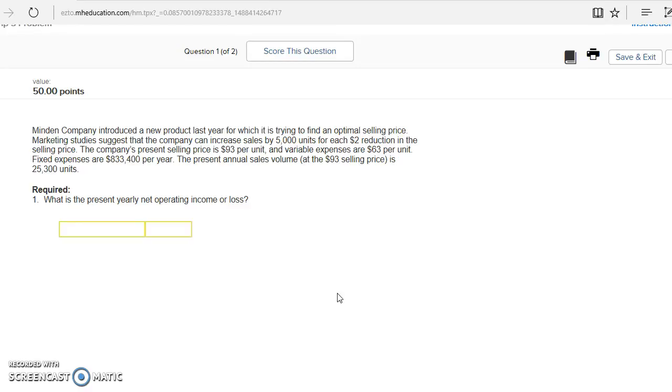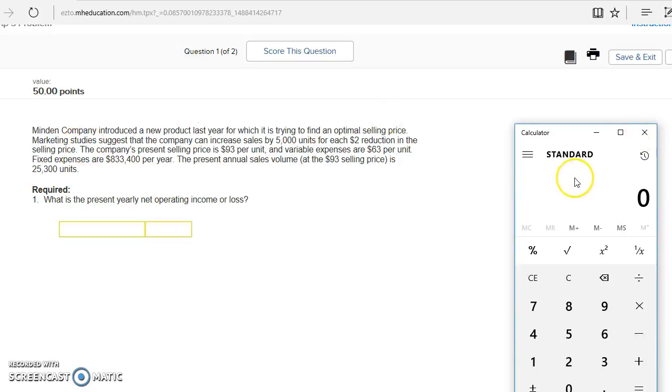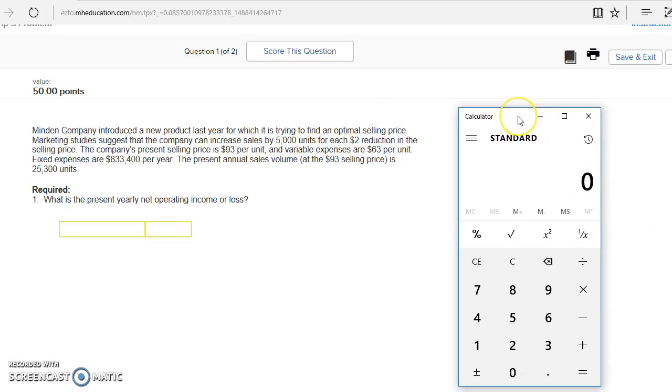For the contribution margin ratio, I'm going to take the contribution margin of 30 and divide it by the sales price of $93. So my contribution margin ratio is 0.323-ish, we'll say.